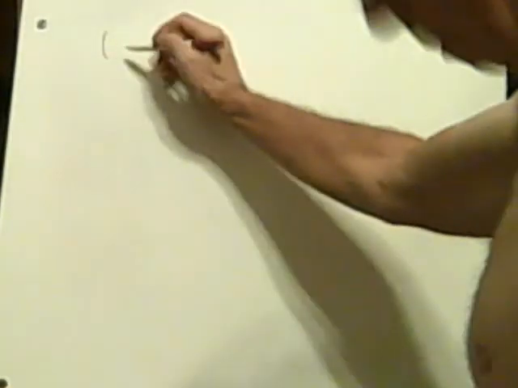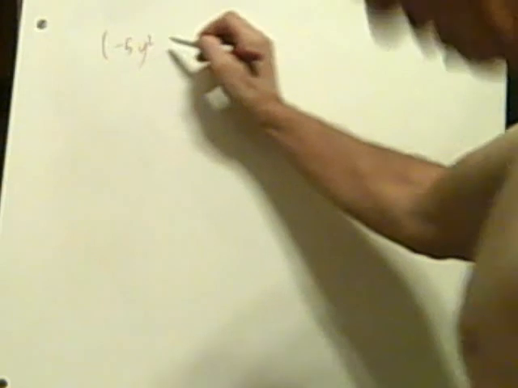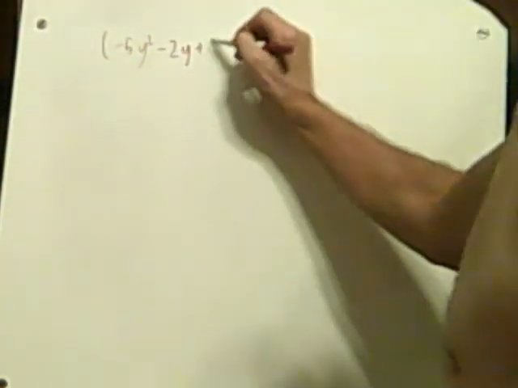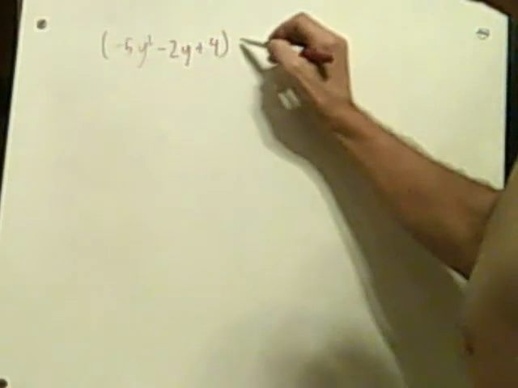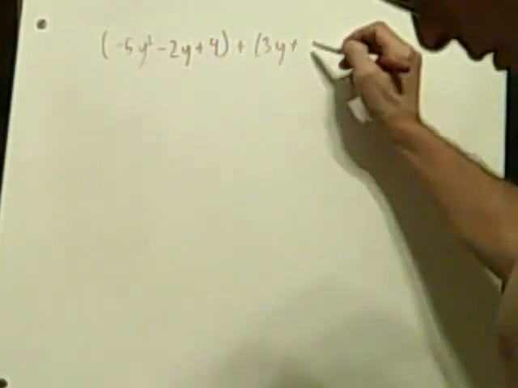Okay, on to 46. Mixed bracket, perform the indicated operations and simplify. Okay? Minus 5y squared minus 2y plus 4 plus 3y plus 7.